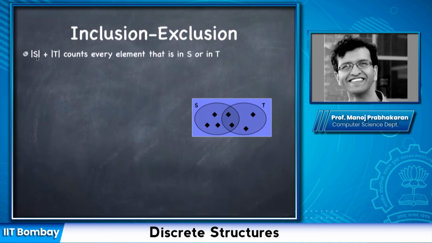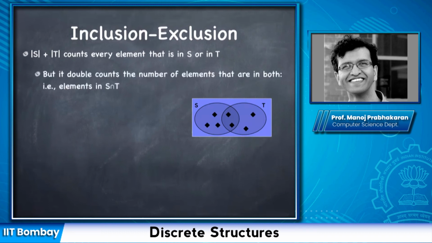Suppose you add the number of elements in S to the number of elements in T. Well, you count every element in S and every element in T, but the elements which are in both S and T get a count from here and from here, right? So they are double counted by this summation. So the elements in S intersection T are counted twice.